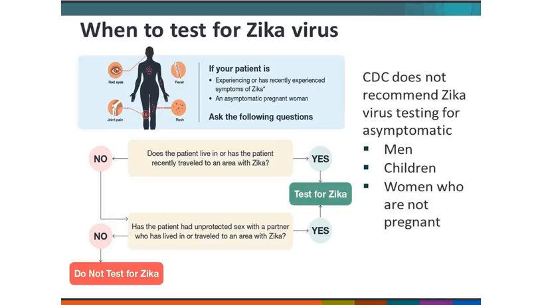If the answer is yes, then we recommend Zika testing. If the answer is no, then you further ask, has the patient had unprotected sex with a partner who has lived or traveled to an area with Zika? If the answer is no, then we don't recommend testing. If the answer is yes, then we do recommend testing.